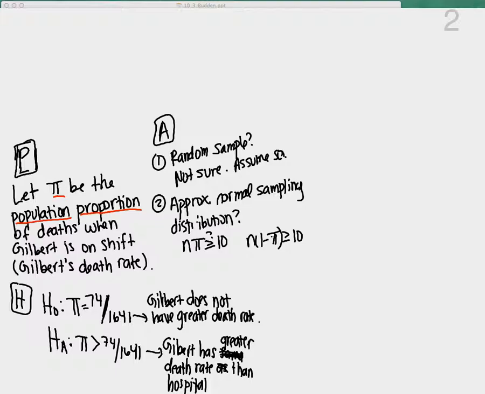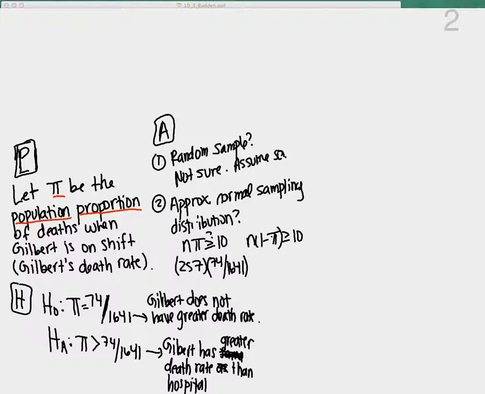So in this case, our sample size is what? 1600. No, it's not. Remember, we're only looking at Gilbert's patients. 257. So you're going to do 257 times 74 over 1,641.